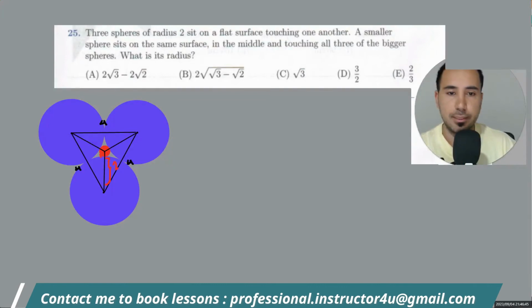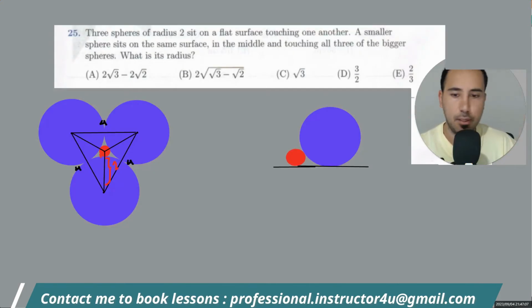Why? Because let's see it from this point of view. Now this is the ground. If we see it from this point, we'll see that they don't have the same height. Let me show you something here.